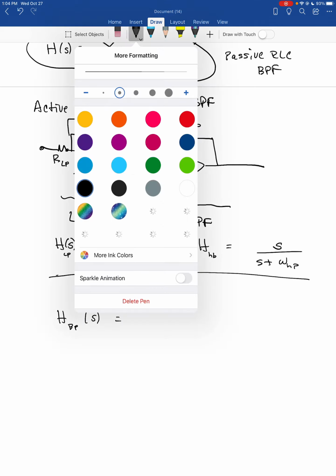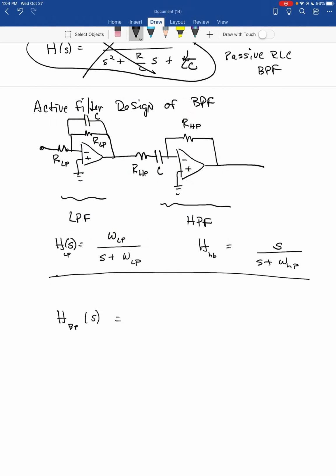Okay. All right, so once again, on these filters, when we cascade them, the net transfer function is the product.